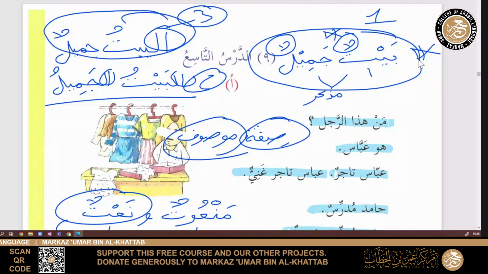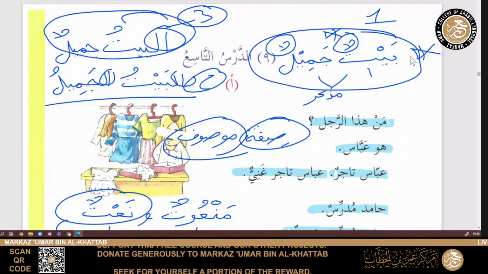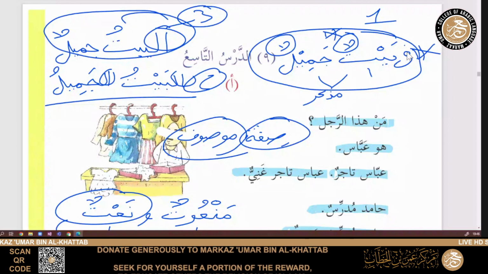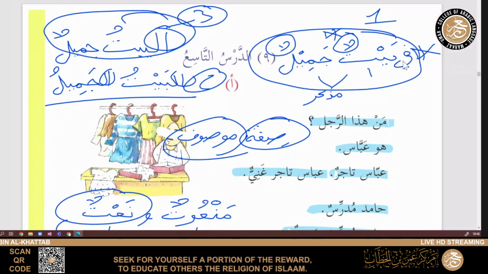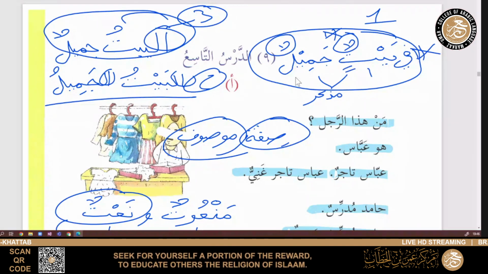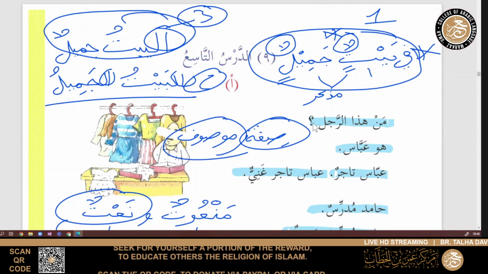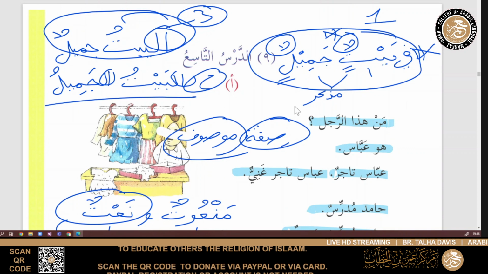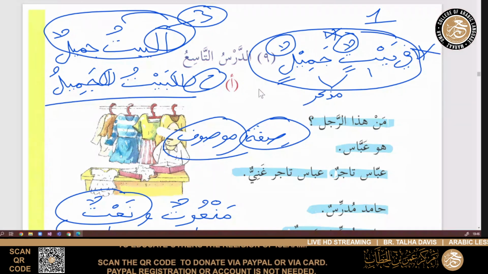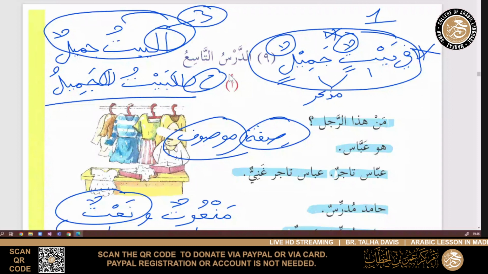Okay, so if we were to put a harf al-jar at the beginning of the sentence, then of course it will change both of them. So we would say fi baytin jamilin, in a beautiful house. You could say, for example, askunu fi baytin jamilin, I live in a beautiful house.